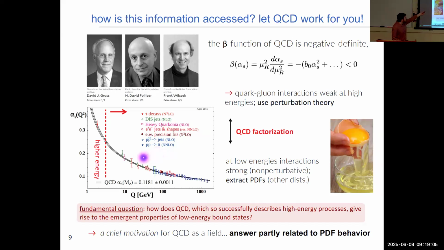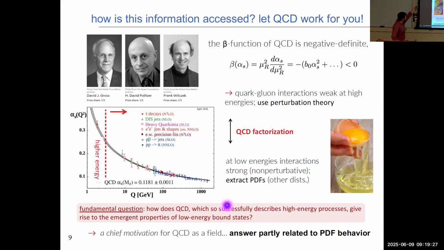So the theory is very strongly coupled at soft, low energies, at something like the rest mass of the proton. But as you go to very high energy interactions at places like the EIC or certainly the LHC, things are much more weakly coupled. And so there I can actually use perturbation theory.